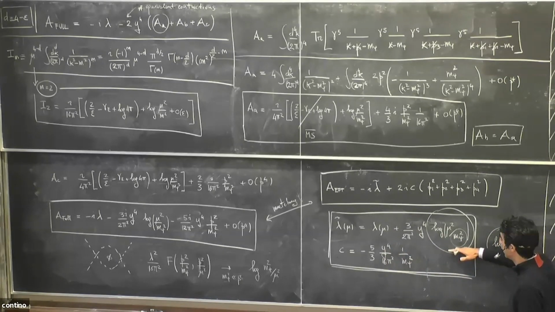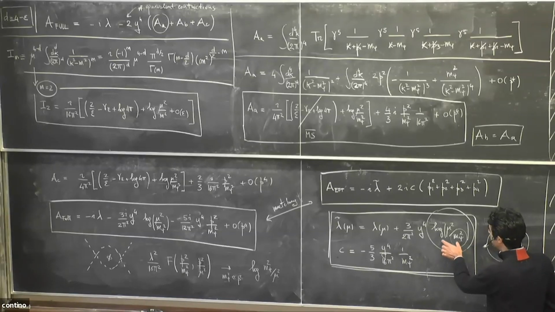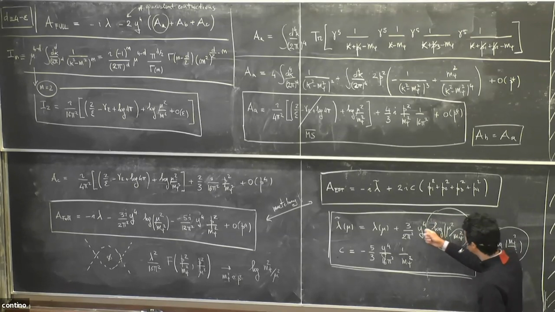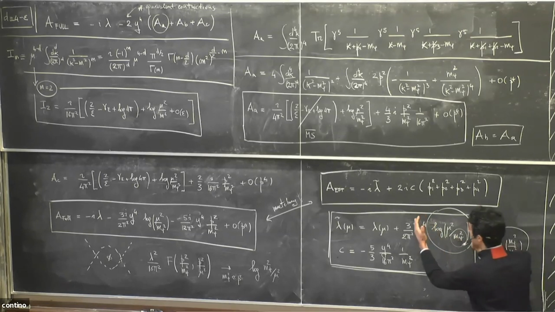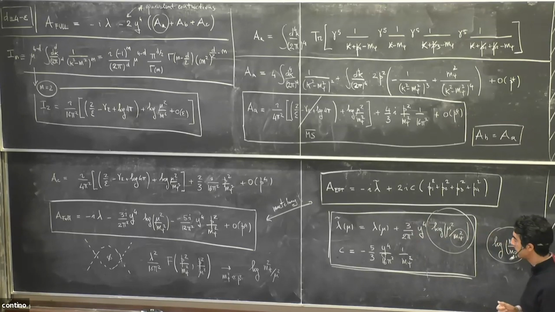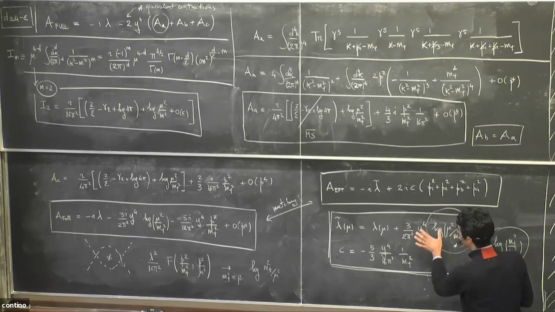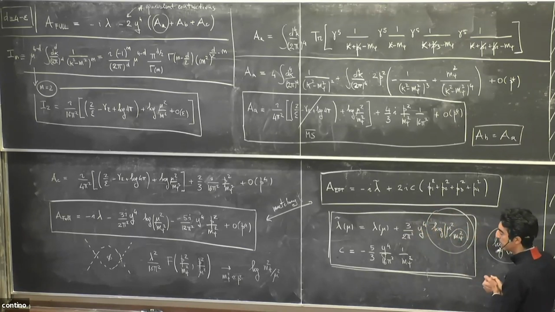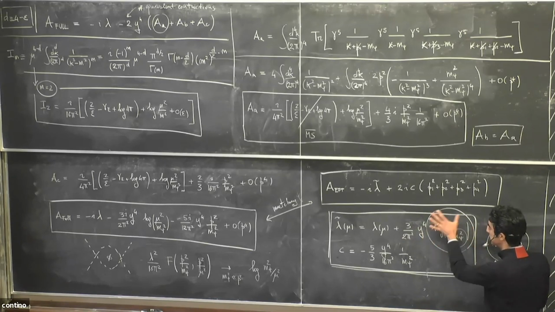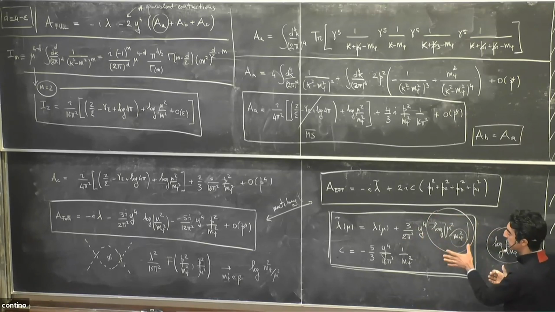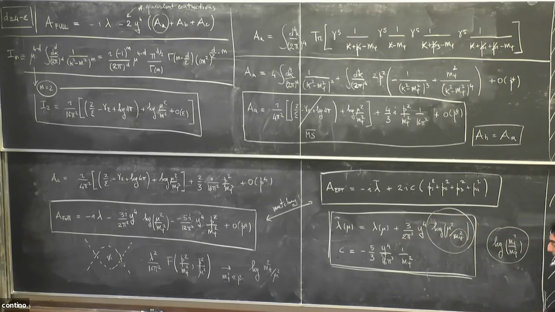valid. Now, the problem is that if I choose mu much, much smaller than m psi, then this log can become large and can, in principle, invalidate perturbation theory because y to the fourth times the log might become of order 1 despite the fact that y is smaller than 1. So this would invalidate perturbation theory because formally you're expanding in y squared divided by 16 pi squared, but in practice there are also logarithms which are appearing, and if these logarithms are large, then perturbation theory might be invalidated.